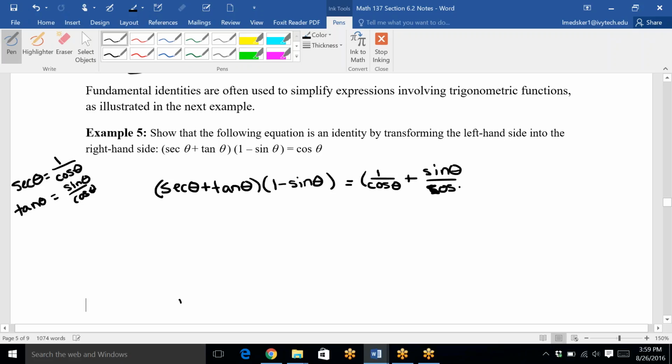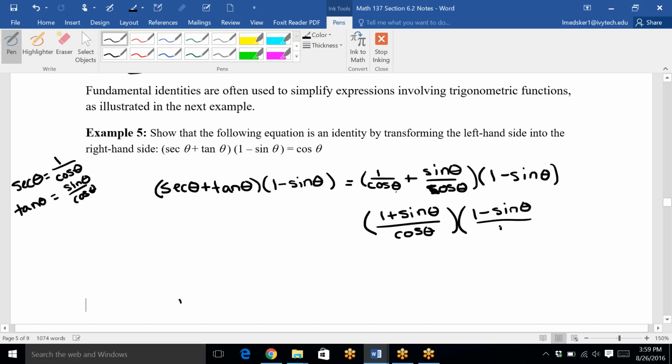cosine. And then we still have this parentheses of 1 minus sine theta, which we'll worry about in a minute. Okay, so since these are both cosine in the denominator, we can add this together. This is 1 plus sine theta over cosine theta times 1 minus sine theta, and maybe I want to think of this as a fraction, over 1.